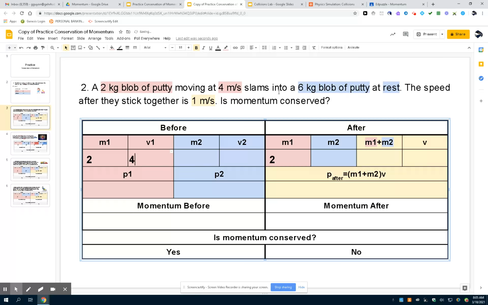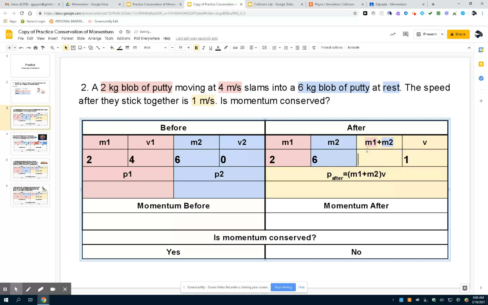And then we look at the mass of the blue is 6. Again, if M2 is 6 over here, M2 is going to be 6 over on this side. The blue, the second blob, is at rest. So if it's at rest, that means that it's not moving, so it's got an initial velocity of 0. And then after they hit, they're moving at 1 meter per second. So the velocity after is 1 meter per second.